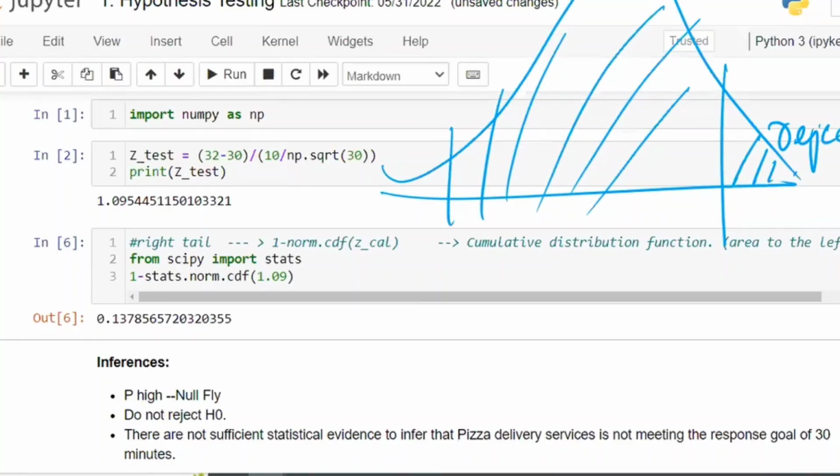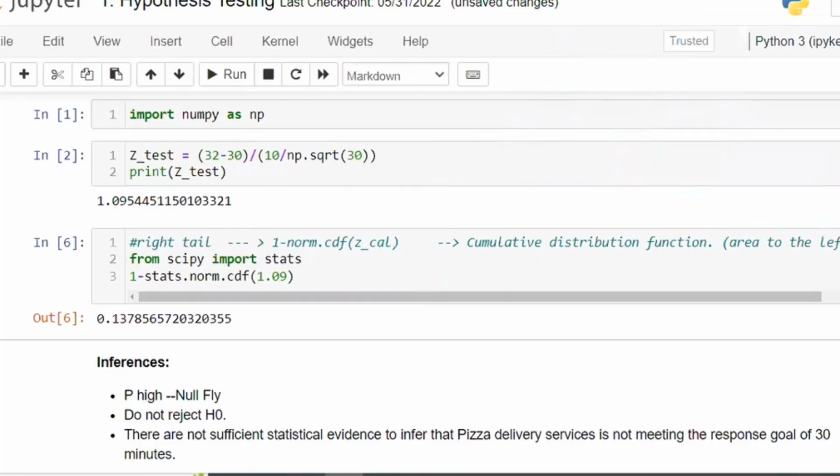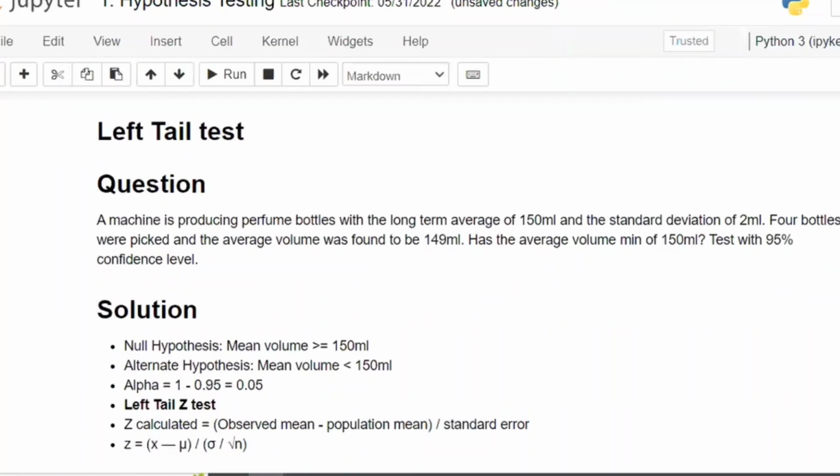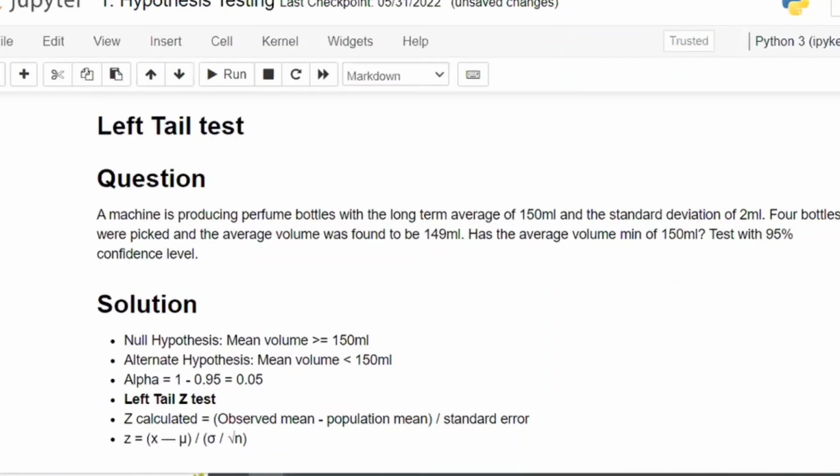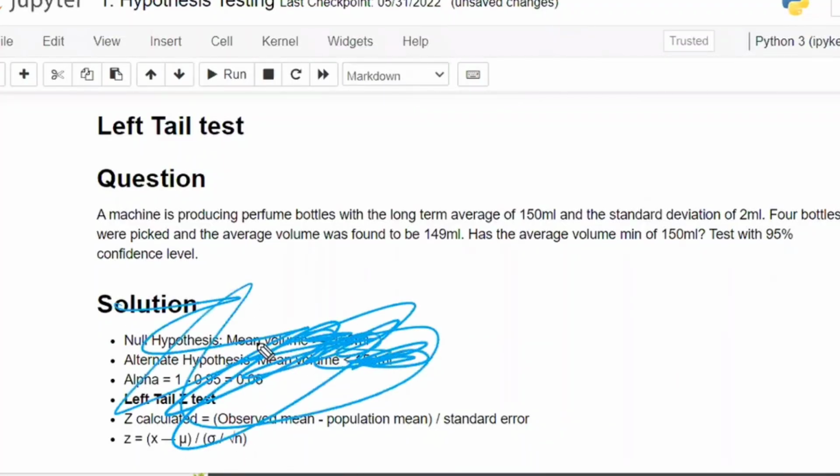Clear guys? Now let us try with another question. Now take this question. Read the question and tell me the null and alternate hypothesis.